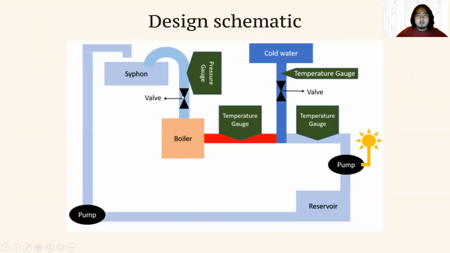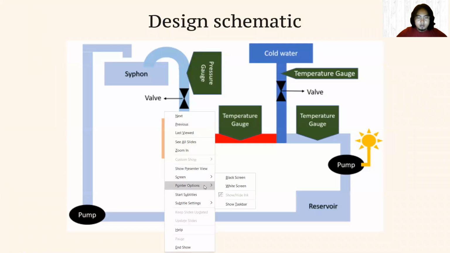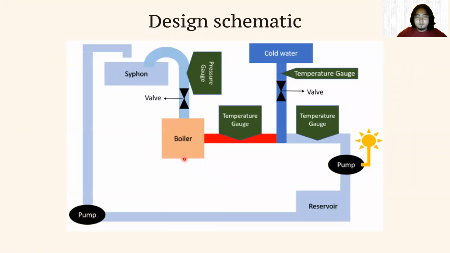And then this is the design schematic. In this schematic, we have a boiler here. This boiler is a closed system, and it is filled with water.